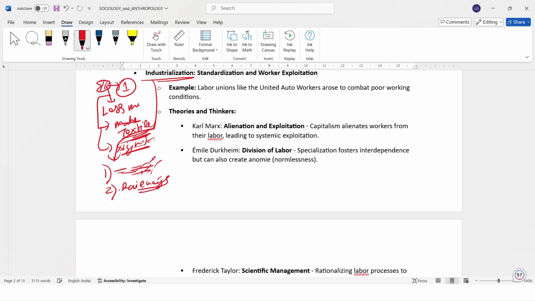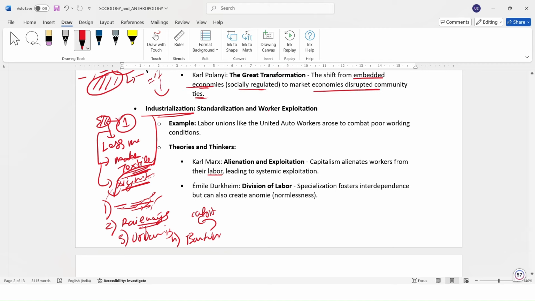Then urbanization took place, and fourth, banking also helped, which led to availability of capital for investments. All these led to standardization and worker exploitation, because now much fewer workers were required to actually run things. The mill was dependent more upon mechanics than humans.